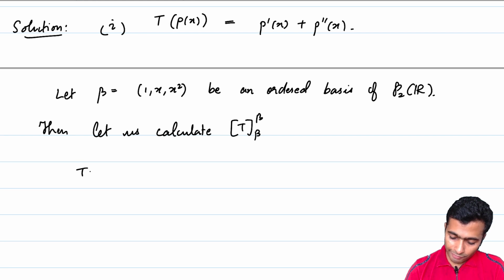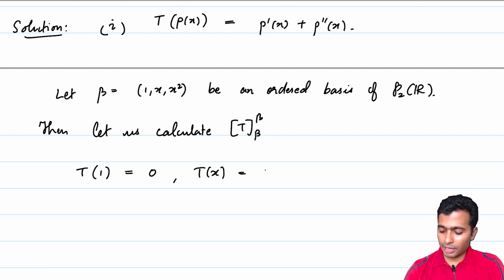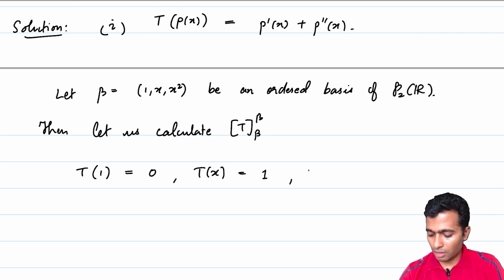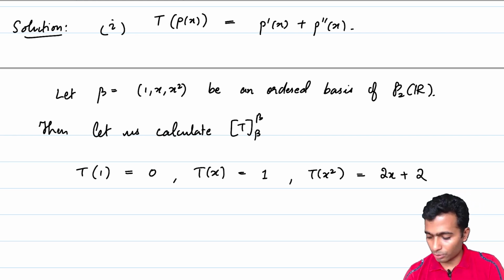So notice that T of 1 by definition is the 0 polynomial, because the derivative and the second derivative of any constant is 0. How about T of x? T of x will be x prime, which is 1, plus x double prime, which is 0. So this is going to be 1. And T of x square will be 2x, which is P prime, plus P double prime, which is 2. So this is exactly what our polynomials look like.